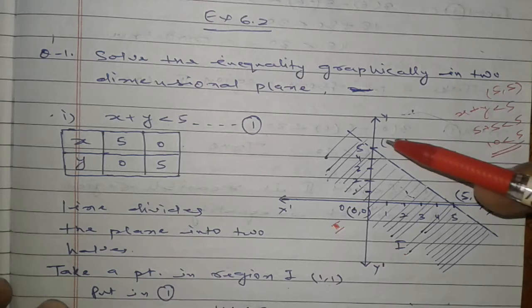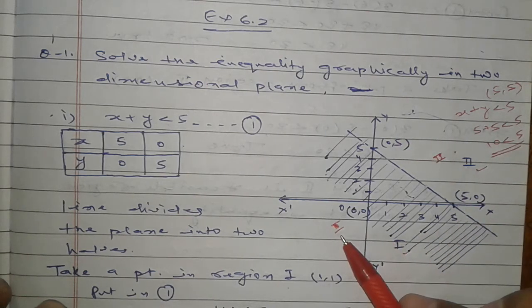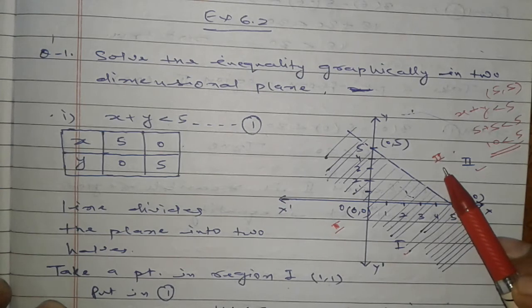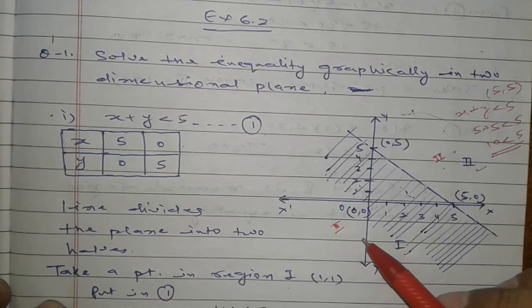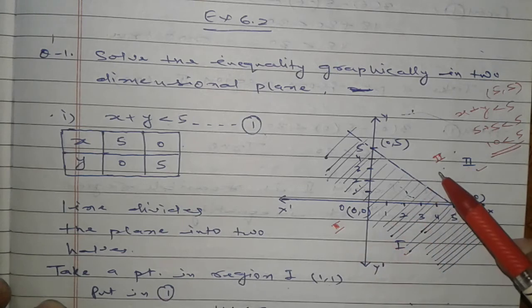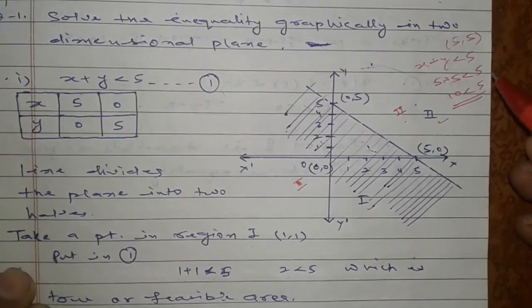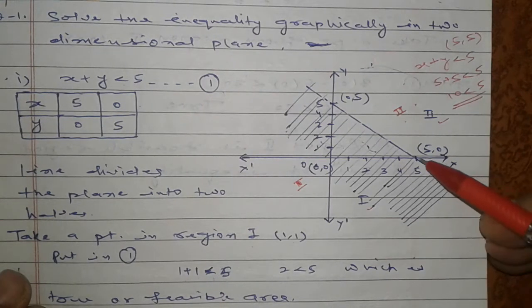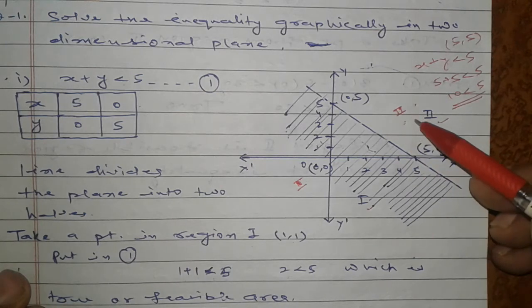After drawing this line, now you are having two planes. One is plane 1, second is plane 2. This line divides the paper plane into two parts. So I will take a point (5, 5), suppose. (5, 5) is in the second plane, on this side of the line.